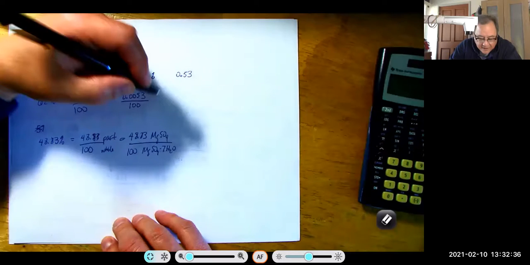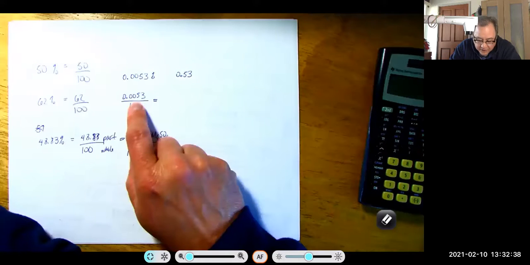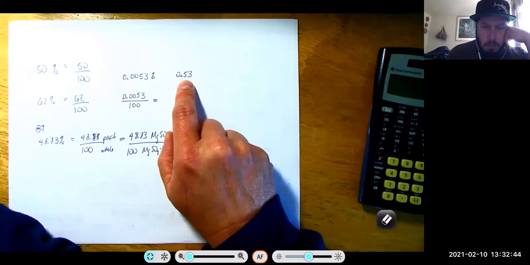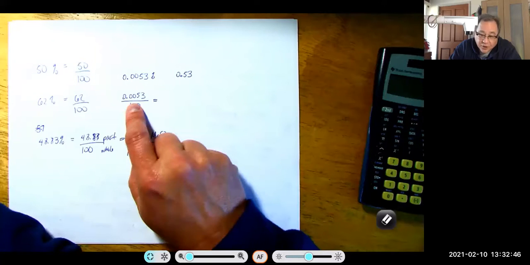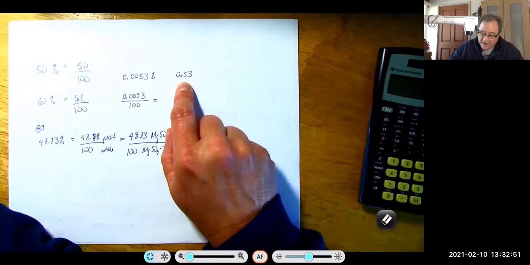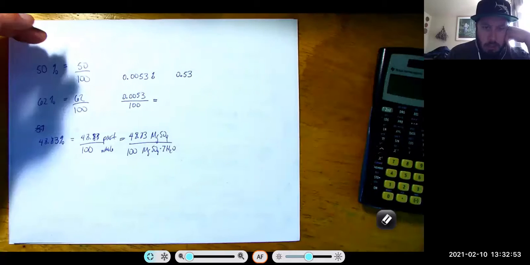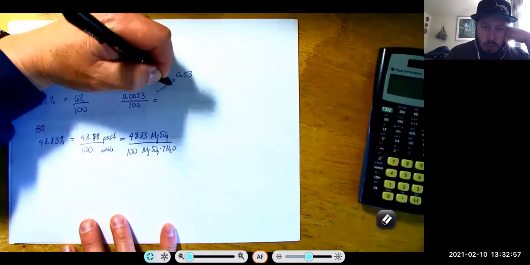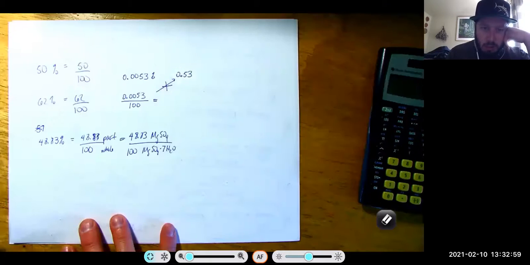So here, if I divide this number by 100, does it turn into a bigger number? It does, right? I divide a number by 100, does it turn into a bigger number? Any number in the world, I divide by 100. Oh, right. Bigger? I see what you're saying. It is turning into a bigger number in that moving the decimal place scenario, but it doesn't actually turn into a bigger number.